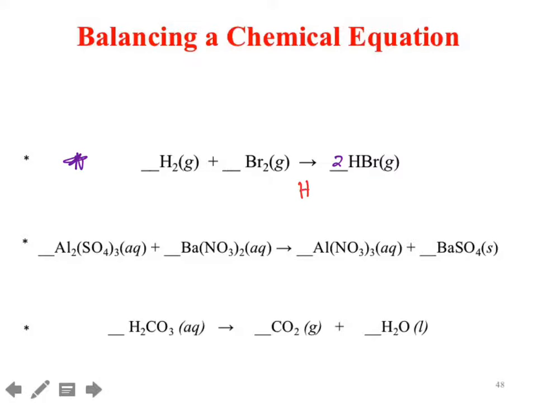How many hydrogens on the left? 2. Hydrogens on the right? 2. How many bromines on the left? 2. On the right? 2. What do the rules say to do now? Place one in front. How many hydrogens on the left? On the right? Bromines on the left?